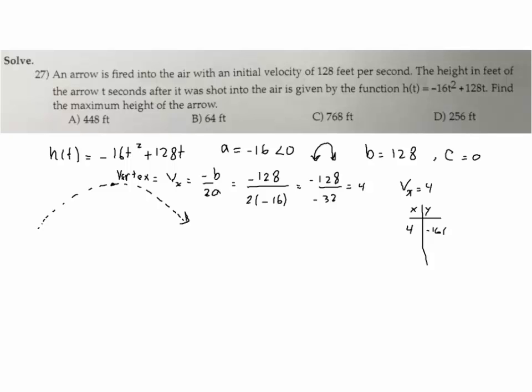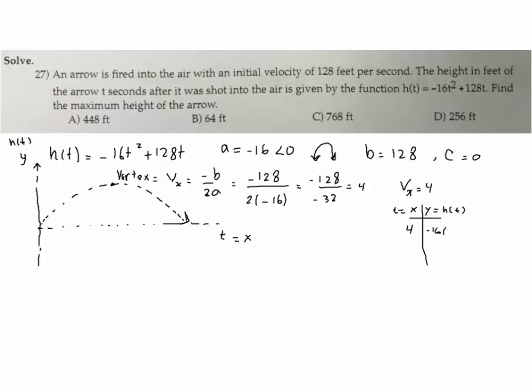In this case, x is really t, the time, and y would be the height, h of t. So x would be the time, and y would be the maximum height we get there.